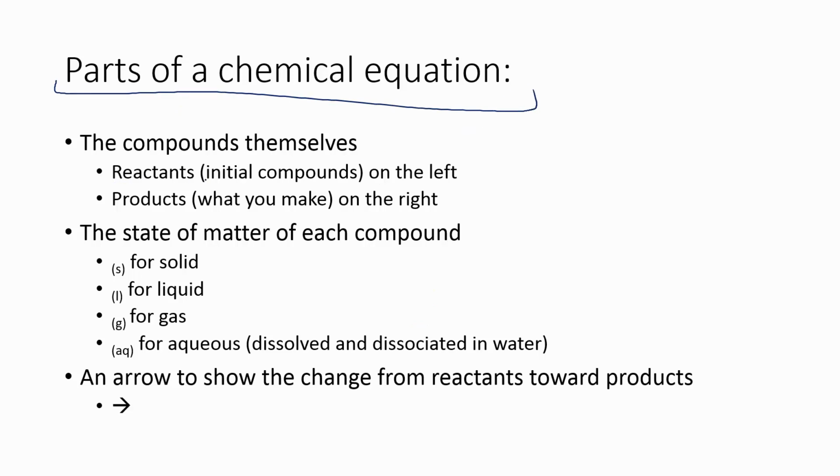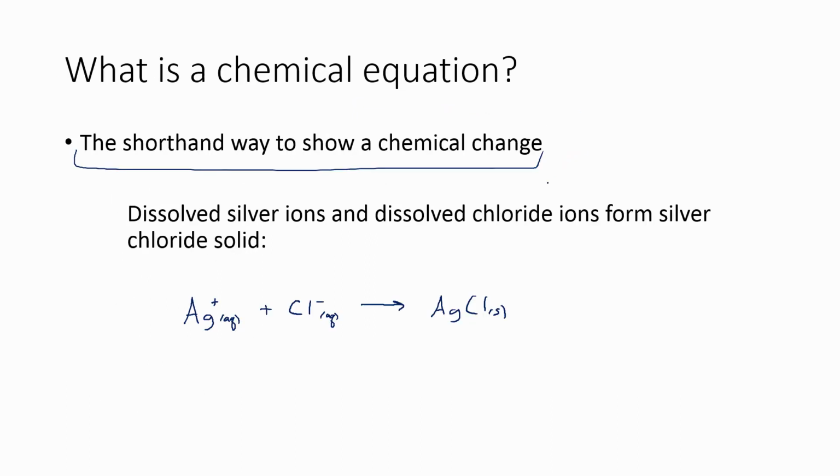We can give you the reactants, which are the initial components, and those will be on the left side of this arrow. So in our previous example, the silver ions and the chloride ions are the reactants.